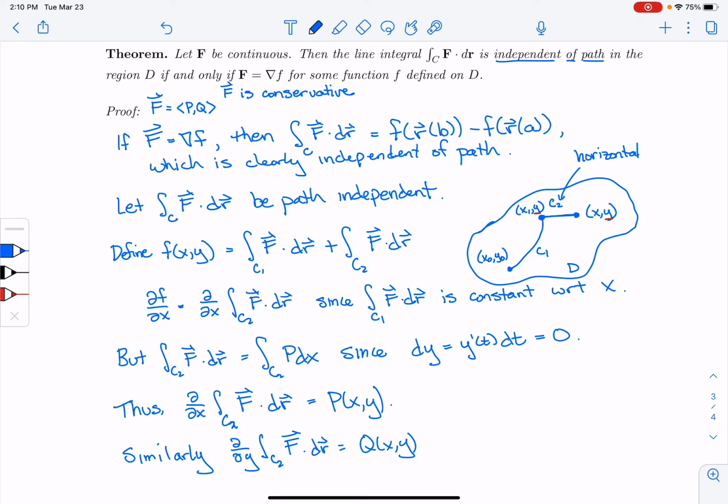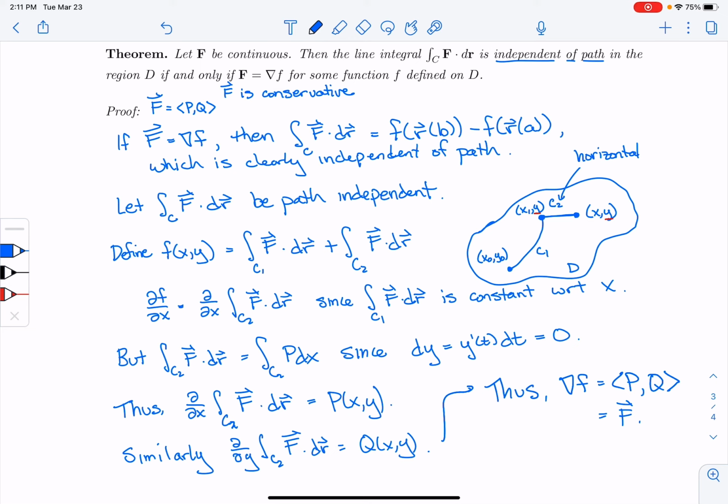Okay, well, what does that mean? What have we shown? We've shown that the gradient of little f is PQ. Oh, but what is PQ? That's capital F. And so that means that we have a conservative vector field.